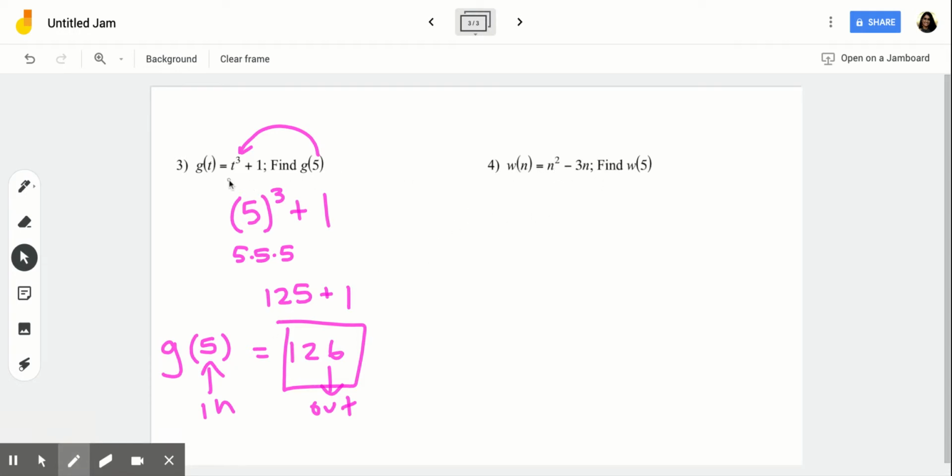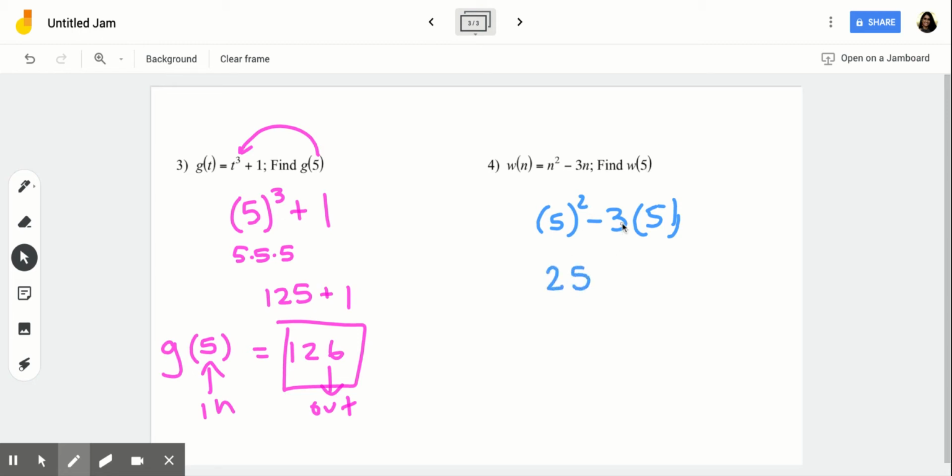Instead of the letters g and t, they pick w and n. Who cares what letters they pick? So we're going to replace this n here and here with a 5. Wherever there's an n, a 5 needs to go there. So 5 squared minus 3 times 5. So this 5 got put into 2 separate spots. 5 squared is 25.